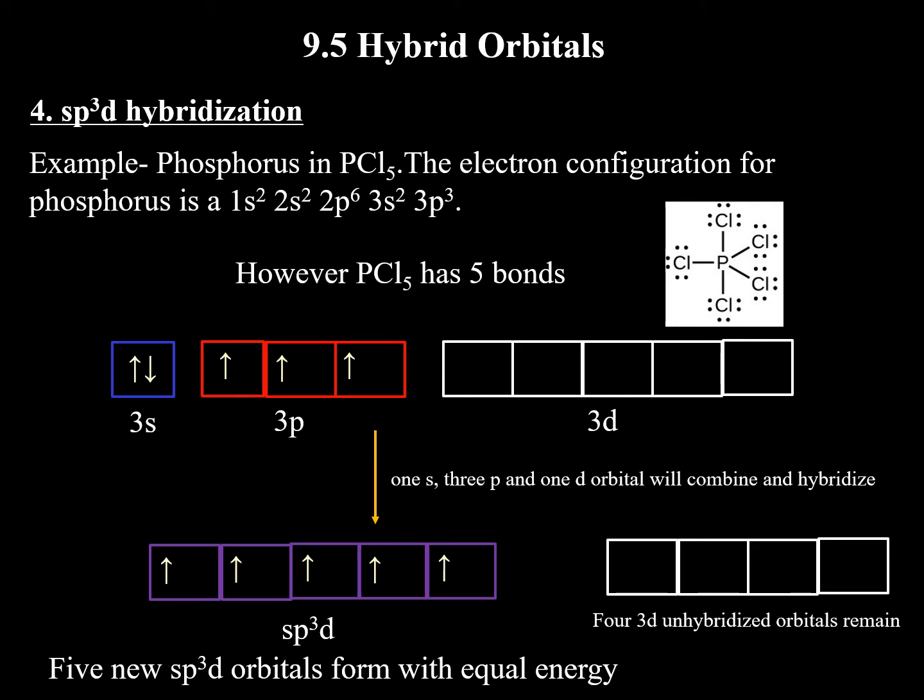We have another example. This is a bit more complex. It's called sp3d hybridization. As the name suggests, we have an s combining with 3 p's and a d. The case is phosphorus pentachloride. This is the Lewis structure here.